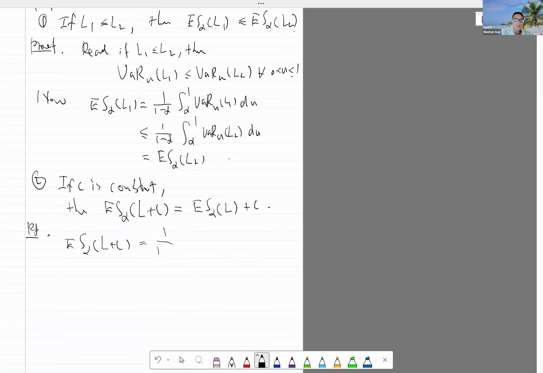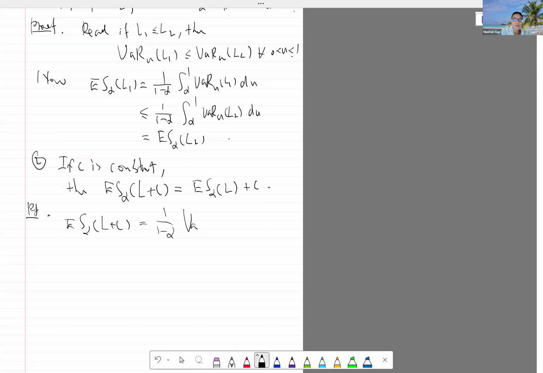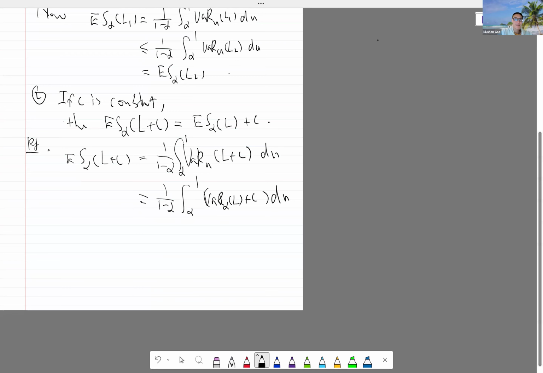It is 1 over 1 minus alpha, integrate the value at risk of L plus C, du. And the value at risk of L plus a constant C equals value at risk of L plus C, du, right? So you can split it as 1 over 1 minus alpha integral of value at risk of L plus 1 over 1 minus alpha integral of the constant C du.